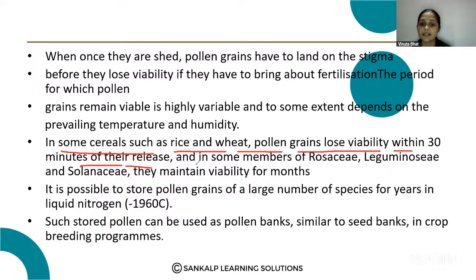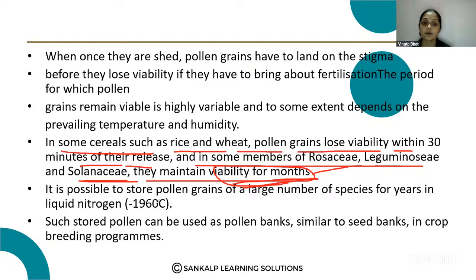In some members of Rosaceae, Leguminosae and Solanaceae, they maintain viability for months. Remember, some lose viability within 30 minutes, and some maintain it for about 3 months, for example the Solanaceae, Rosaceae and Leguminosae families.